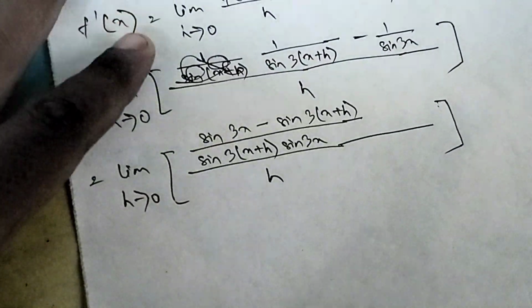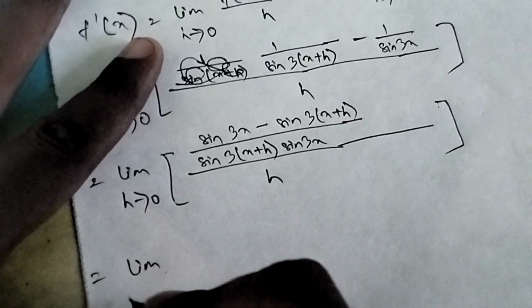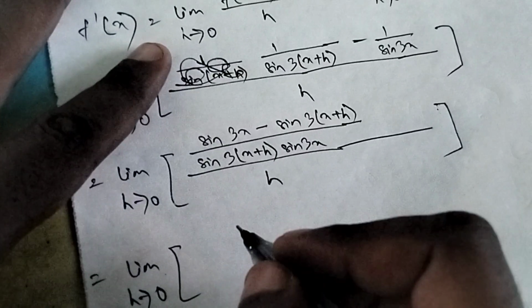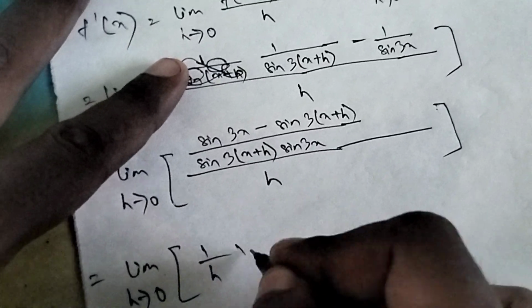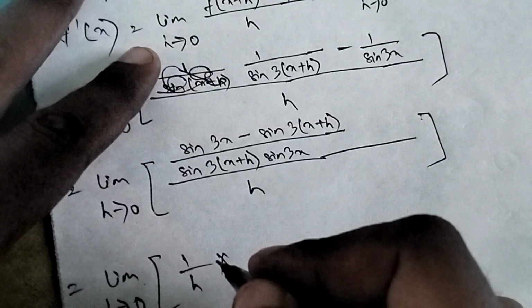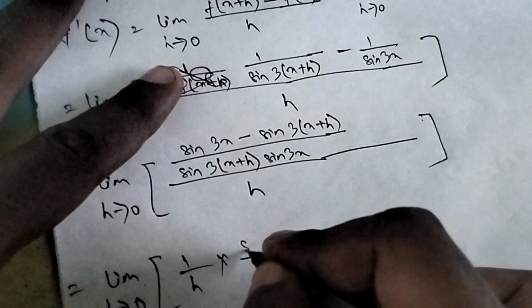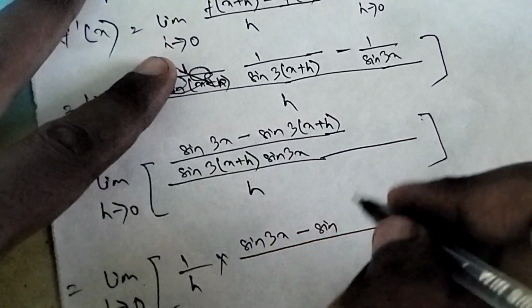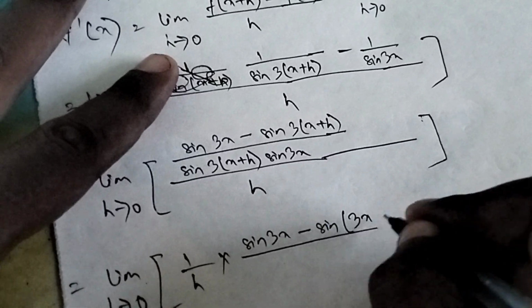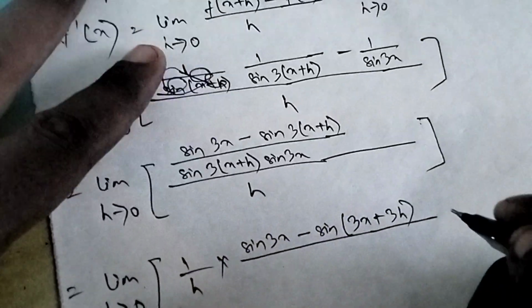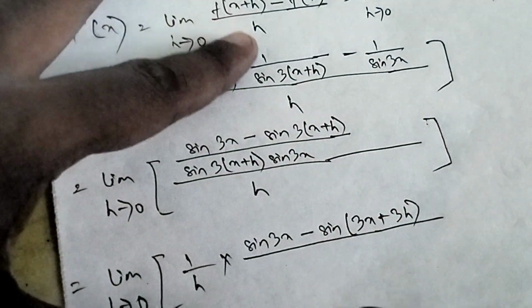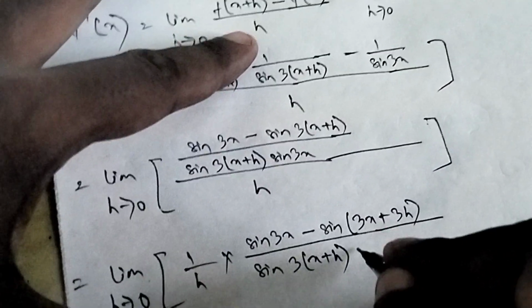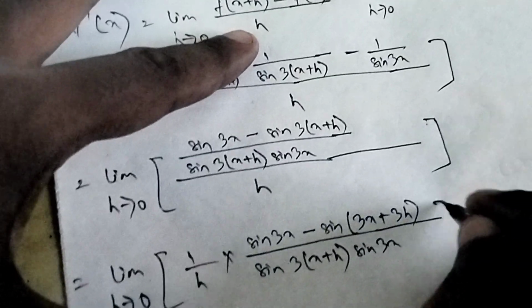So this will be limit h tends to 0, 1 by h into [sine 3x minus sine (3x plus 3h)] in the numerator, and in the denominator sine 3 into (x plus h) into sine 3x.